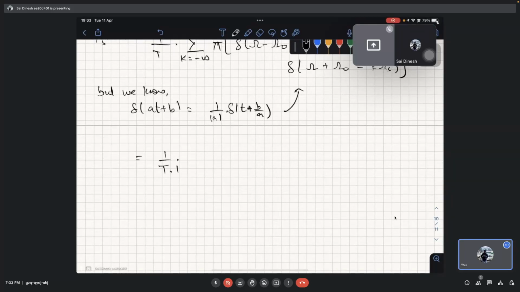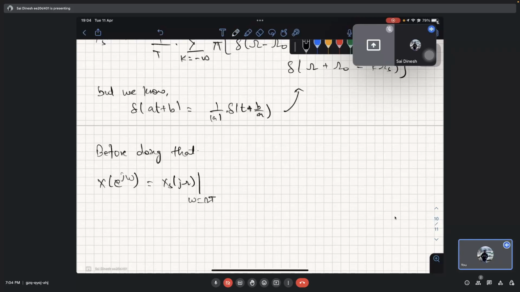1 by T times fs. Before doing that, if we go to the discrete time domain, X e power j omega is equal to Xs of j omega, where omega is equal to capital omega times Ts, which means omega is equal to capital omega times 1 by fs.